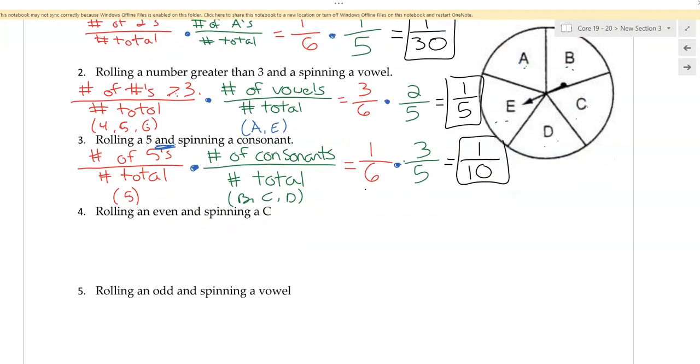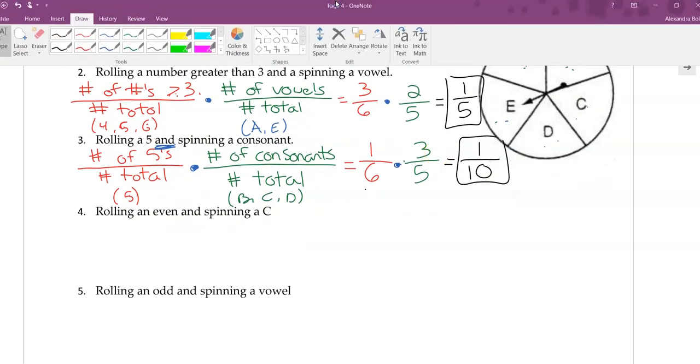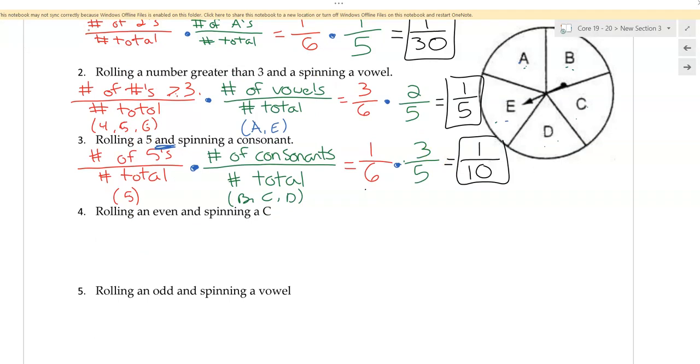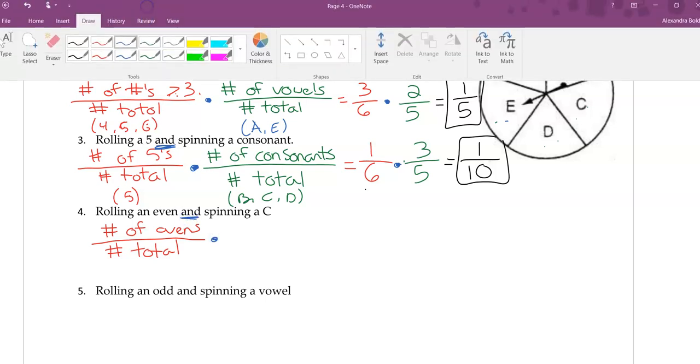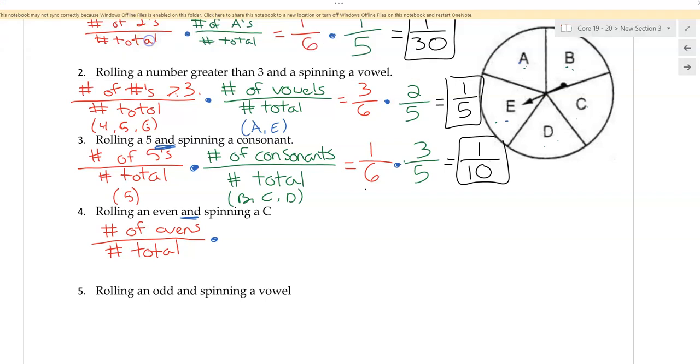All right, number 4, rolling an even and spinning a C. It is the number of evens over the number total. We still have this word "and," multiplying. And then the number of C's.